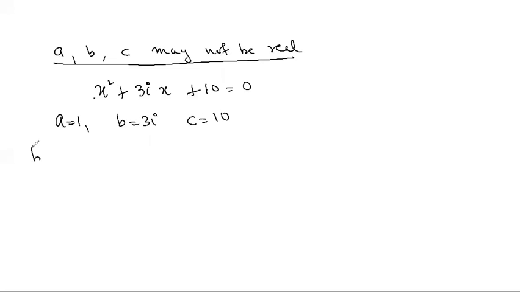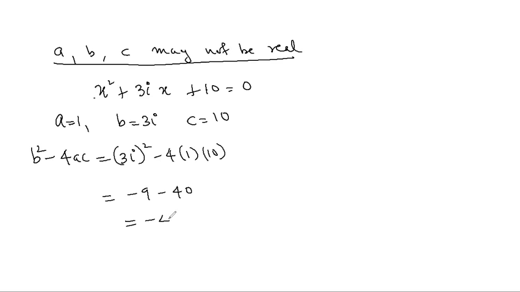Let's calculate b square minus 4ac. 3i square minus 4 into 1 into 10, that is minus 9 minus 40, minus 49.